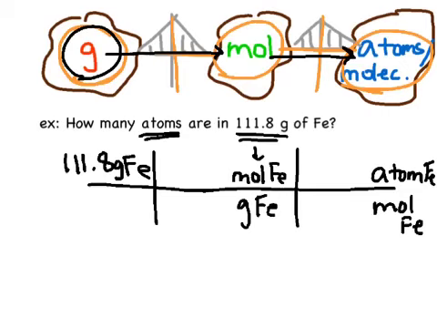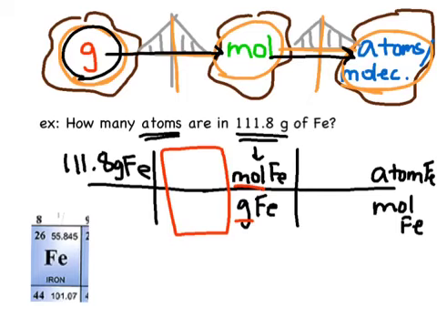So the first conversion factor right here is between moles and grams. So that means if we have moles and grams, we have to look where? On our periodic table. So let's look at iron. Okay, so here's iron on our periodic table, and our decimal number is, again, 55.9.